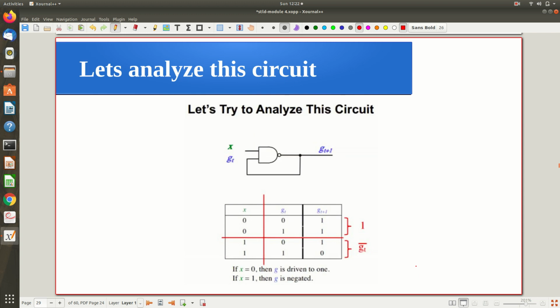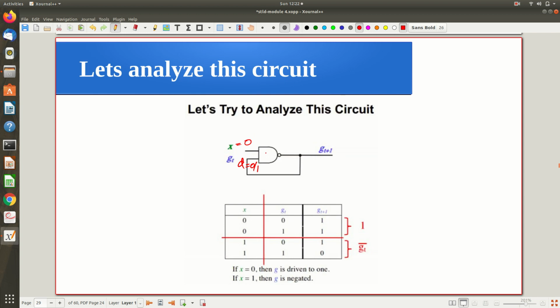In a similar way, let's analyze this same feedback circuit using a NAND gate. Here, when x is equal to 0, that ignoring part is happening. Let me write it as d. Whether this one is 0 or 1, whatever it is, one of the inputs of this NAND circuit is 0.